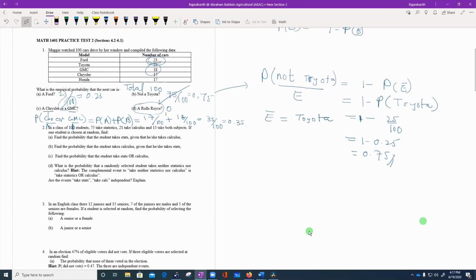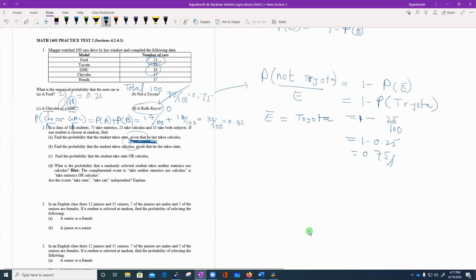Okay. When you see the word given, that's about what type of probability? Given that he, she. Yes, if you see the word given in your problem, that is going to be conditional probability, right? Remember, you could check your notes. We have the conditional probability formula.